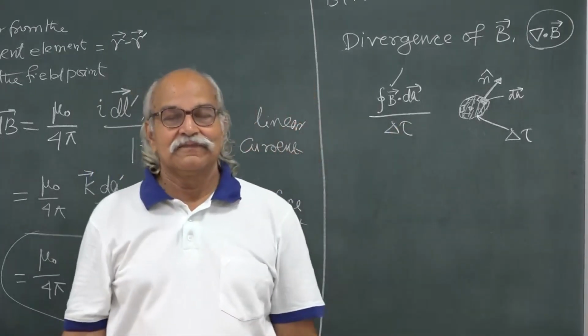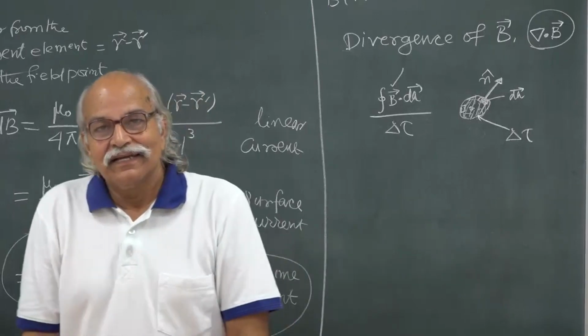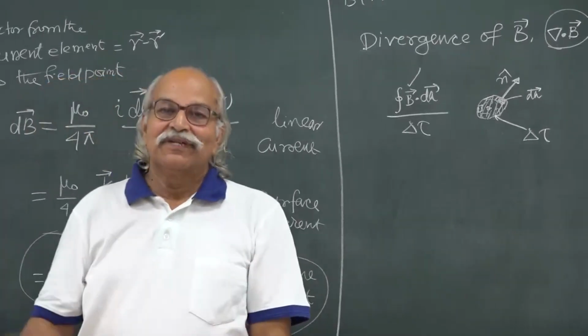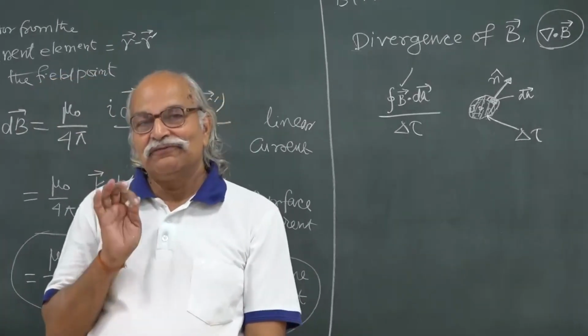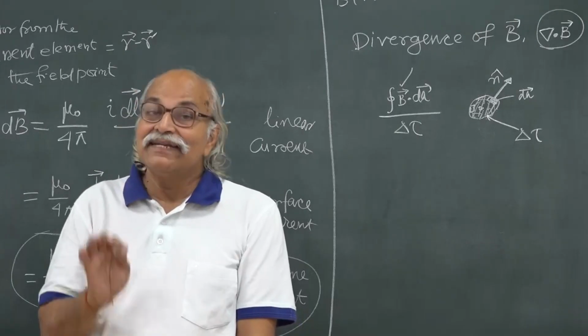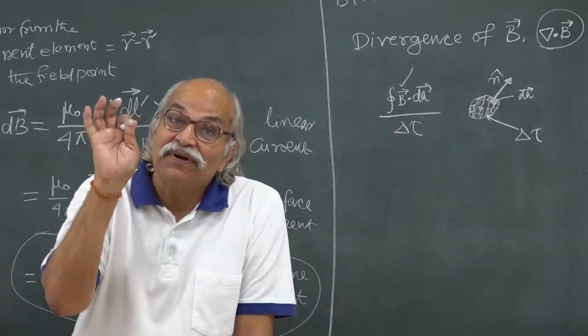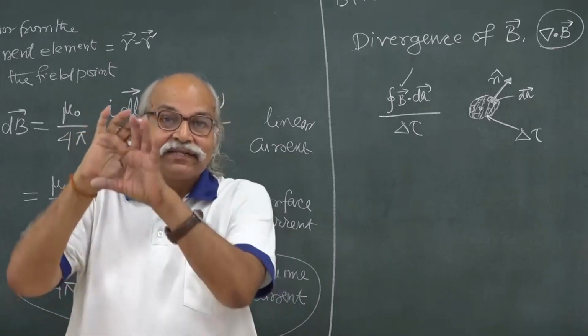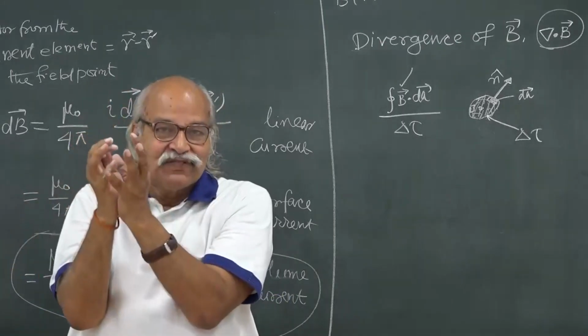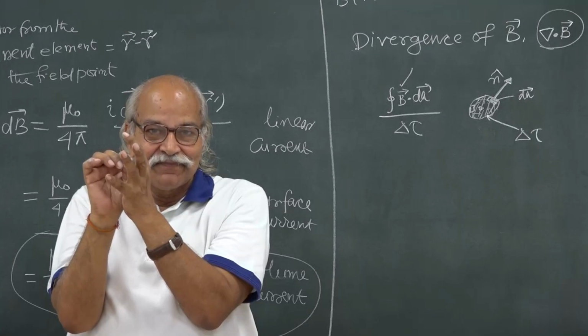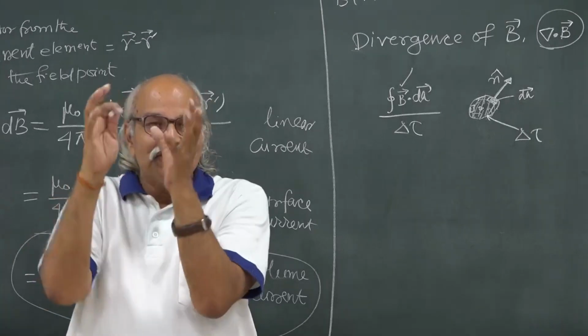Okay. So, once again I repeat, to get the divergence of a vector field at a given space point P, you construct a volume which encloses this point P, and then look at the surface of that volume.